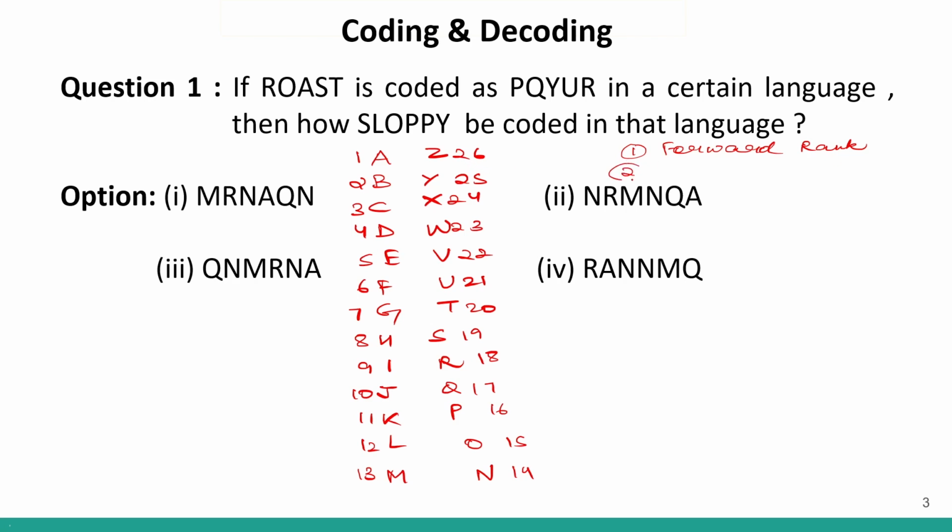The second concept is of backward ranks. Backward ranks means we assign them numbers in decreasing order. Decreasing order means A will be 26 and Z will be 1.